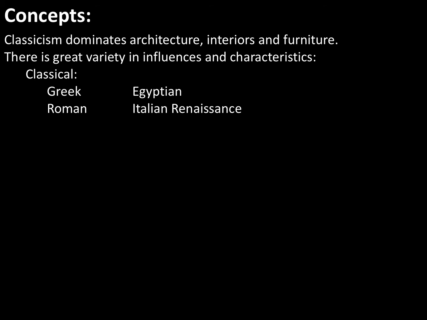So classicism tends to dominate everything, but there's a tremendous variety. You have classical influences from Greek and Roman, Egyptian, and the Italian Renaissance. And up to this time, we haven't had a lot of Greek influence.